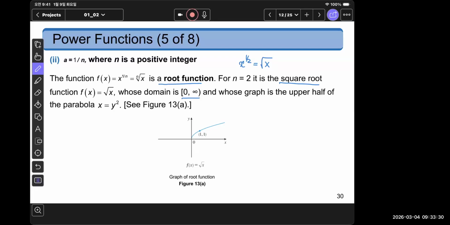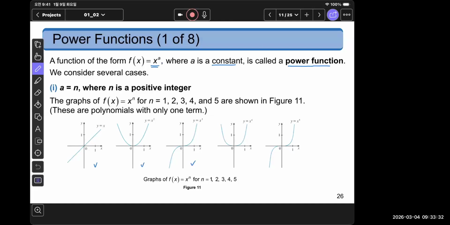In the case of the first one, when a is n for some positive integer, as I mentioned, this is a special type of polynomial, so the domain will be the whole real line from minus infinity to infinity.